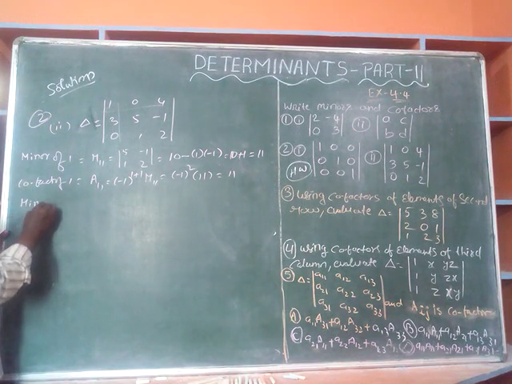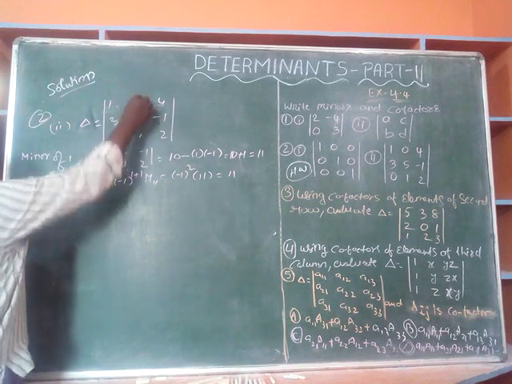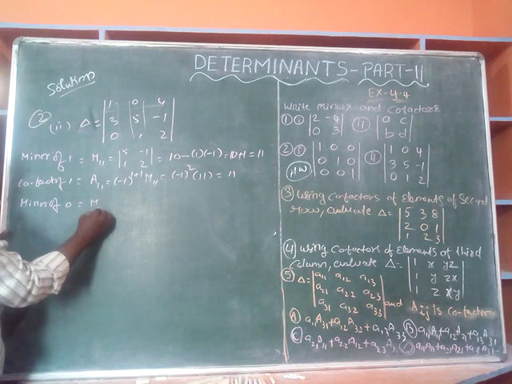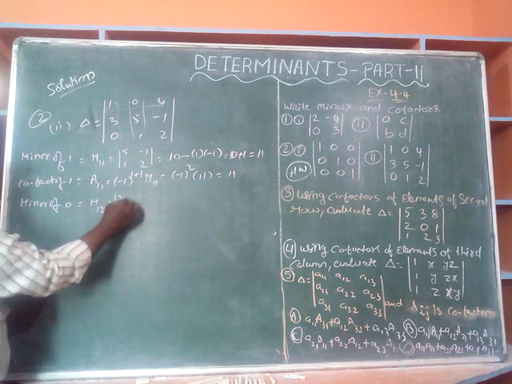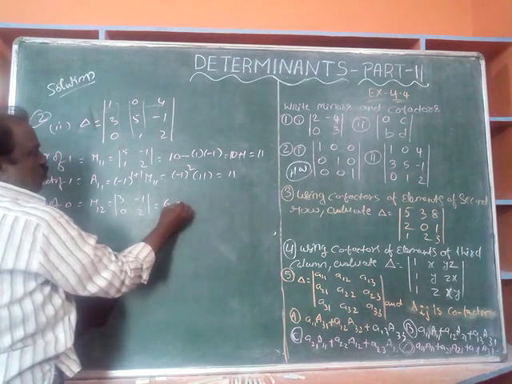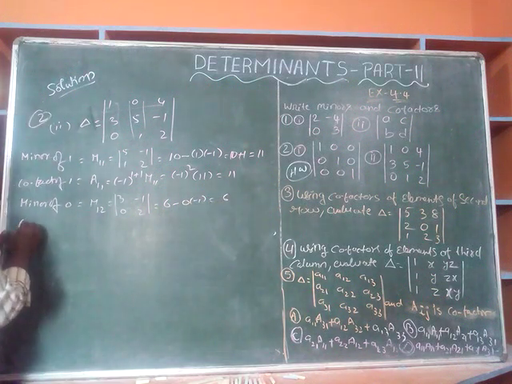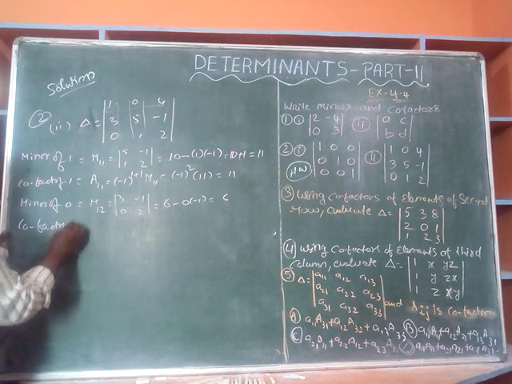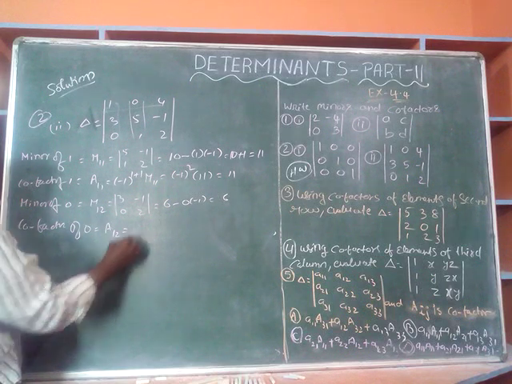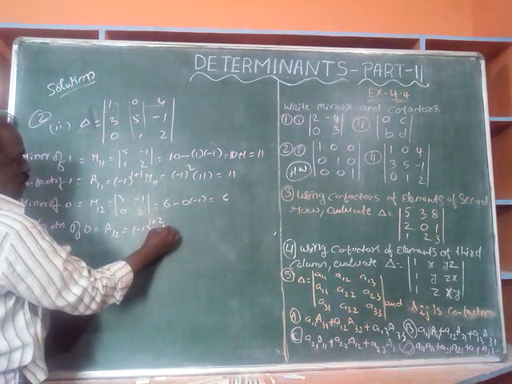The minor of 0. After deleting this row and column, it is M12, determinant 3, -1, 0 and 2. It is 6 minus 0 into -1, that is 6. Cofactor of 0 is A12. It is (-1) power 1 plus 2 and M12.